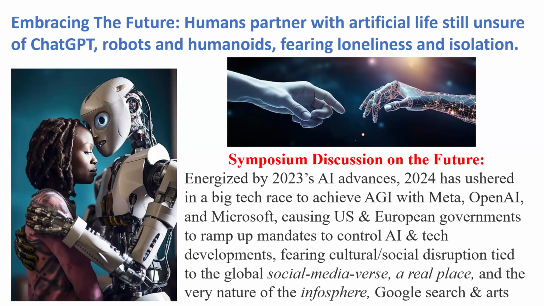And so energized by 2023's AI advances, 2024 has ushered in a big tech race to achieve AGI with Meta, OpenAI, and Microsoft, causing US and European governments to ramp up mandates to control AI and tech developments, fearing cultural and social disruption tied to the global social media verse, a real place.